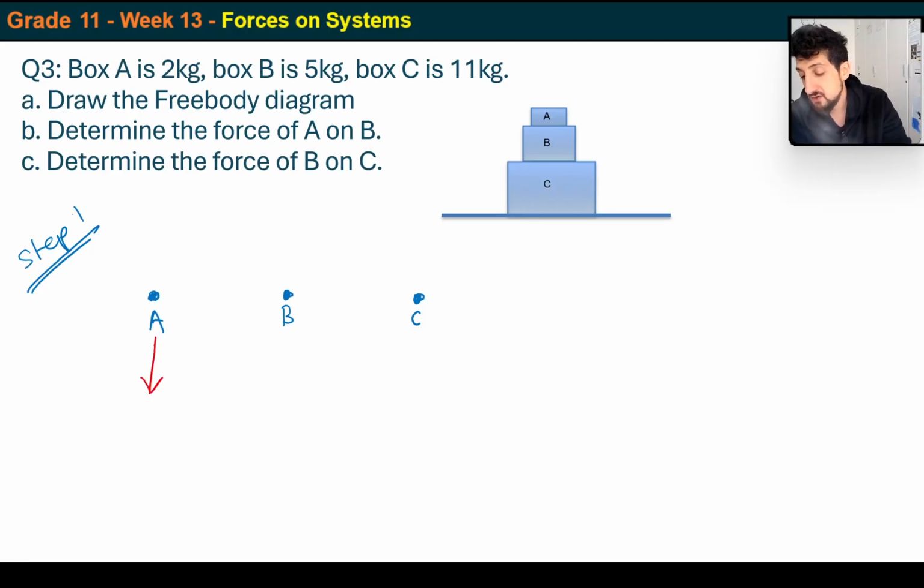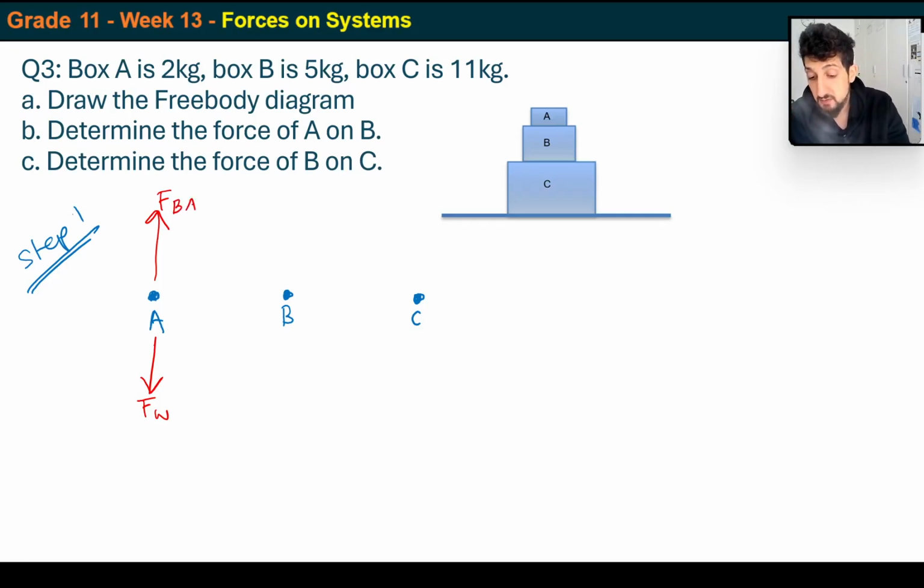We've got the weight force of A and the normal force which B is applying on A. So that's how we do this. We say BA. So we've got the force of BA, and that's the normal force.